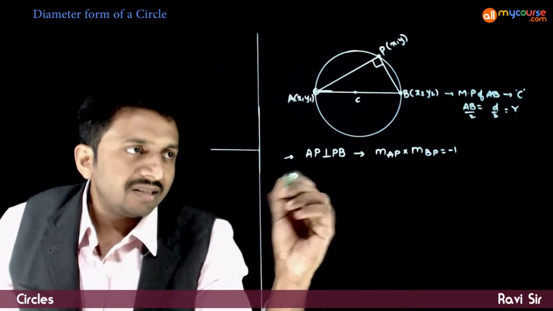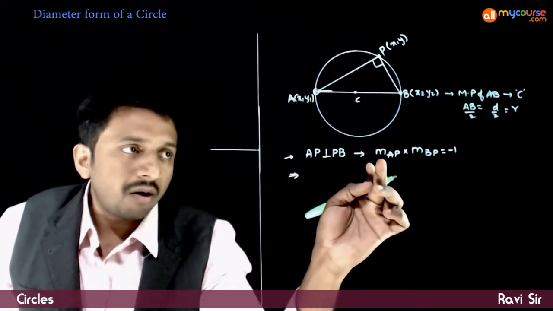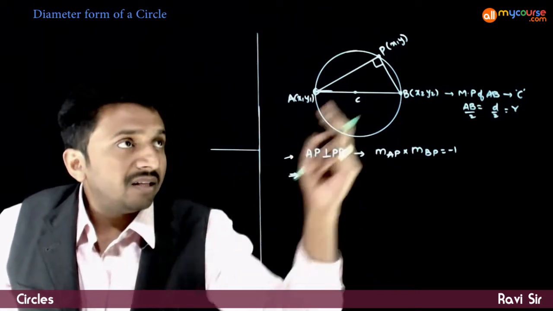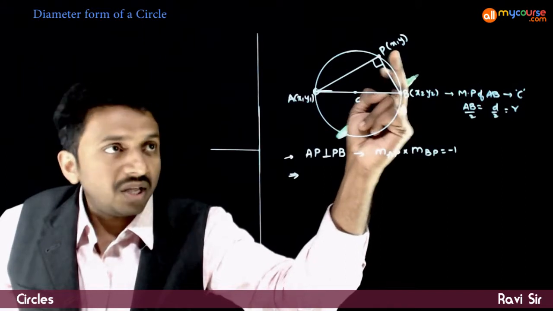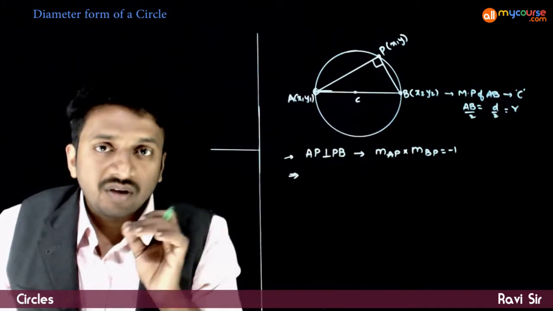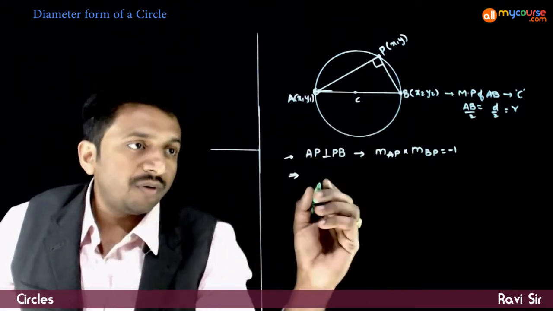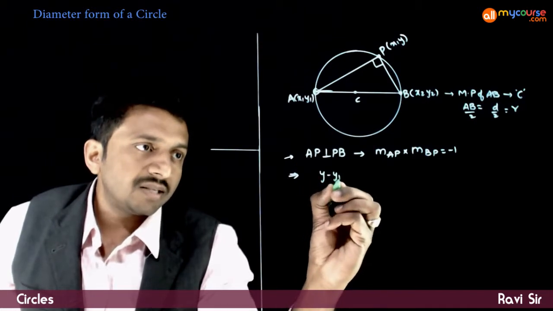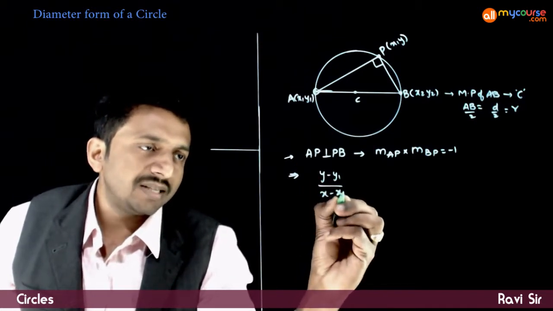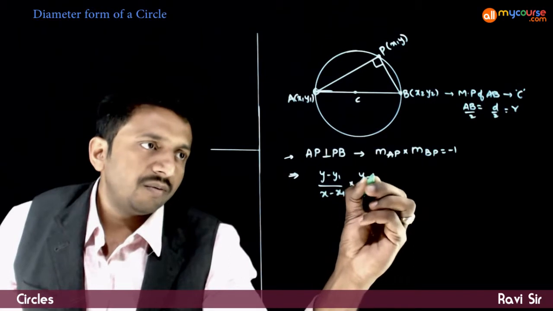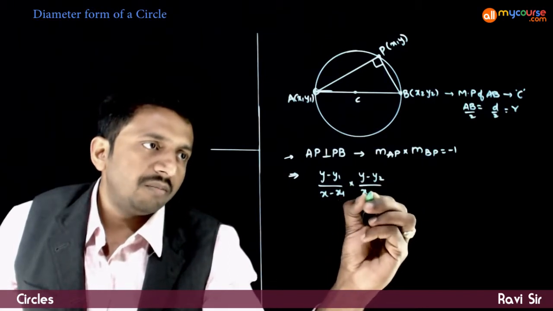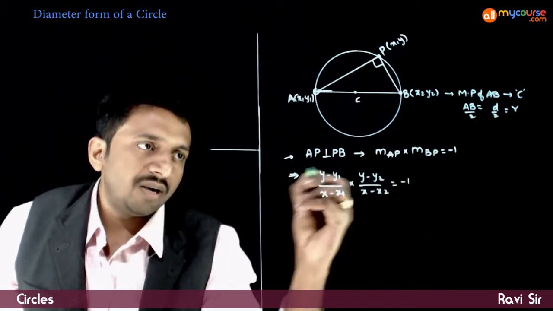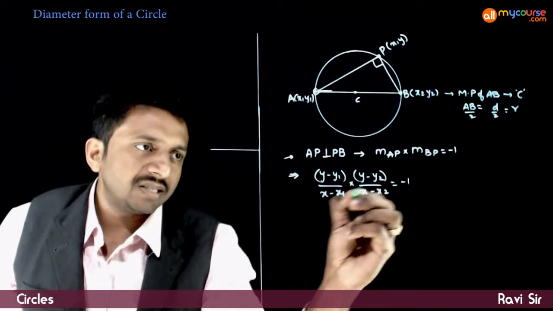And what is the mathematical form of slope? If a general point is taken as (x, y), the given points are (x1, y1) and (x2, y2). Slope of AP times slope of BP is (y minus y1) by (x minus x1) into (y minus y2) by (x minus x2) is equal to -1.